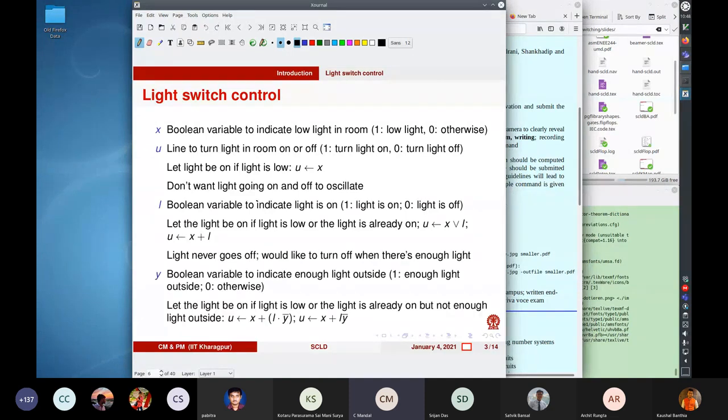So let us just say that if you have another Boolean variable to indicate enough light outside, this variable presumably takes the value 1 when there is enough light outside and 0 otherwise, then we could modify the expression like this.